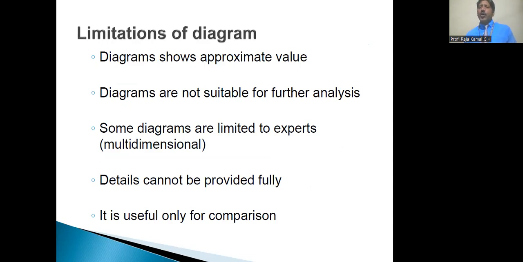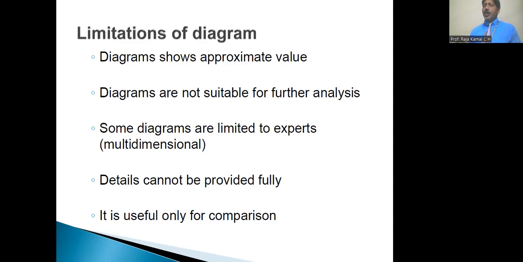Diagrams will always show approximate values. I just told you one bar has more height and another has less height. By seeing that, I can know that in this particular year I got more sales, or in this particular month my cost of production increased, but I cannot get the exact value by seeing the diagram.